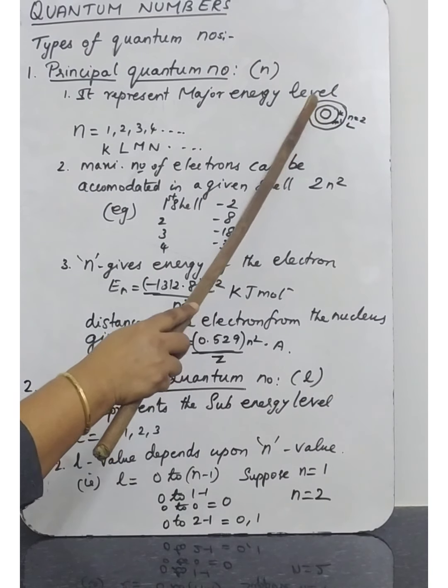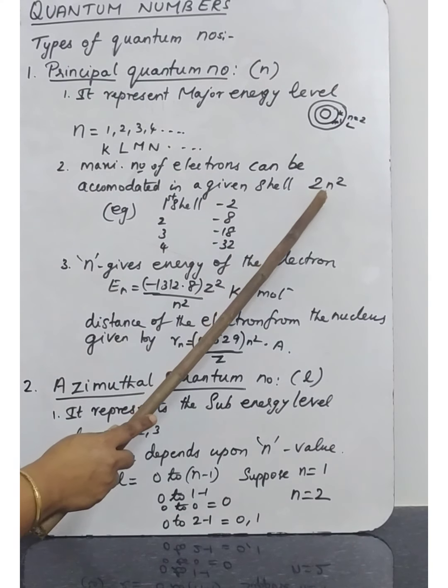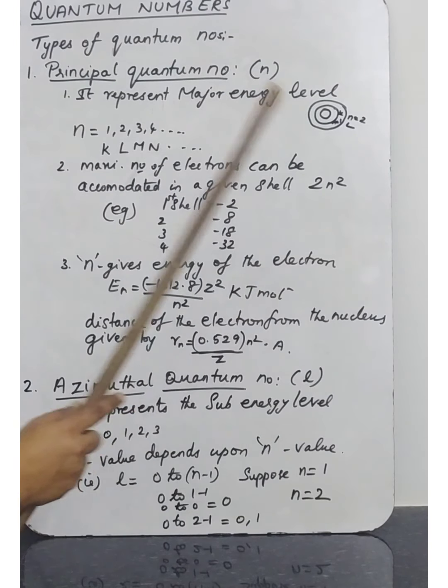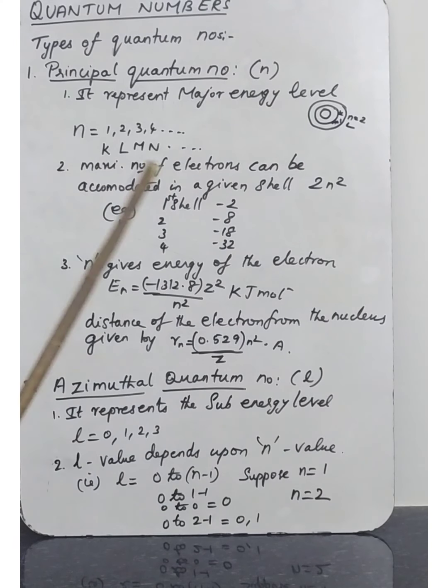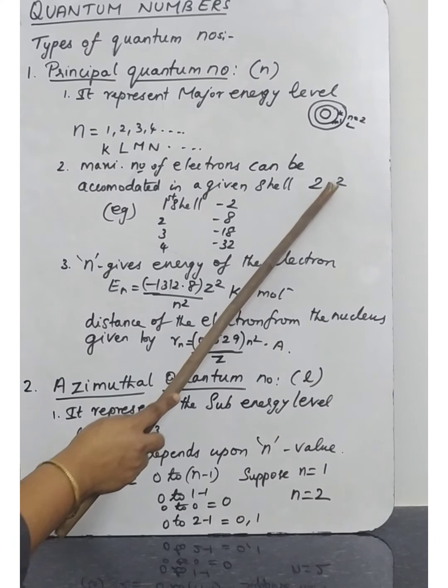In this major energy level, how many electrons can the first shell accommodate, the second shell, the third shell? That is given by the formula 2n squared. Suppose n is equal to 1: 2 into 1 squared, 2.